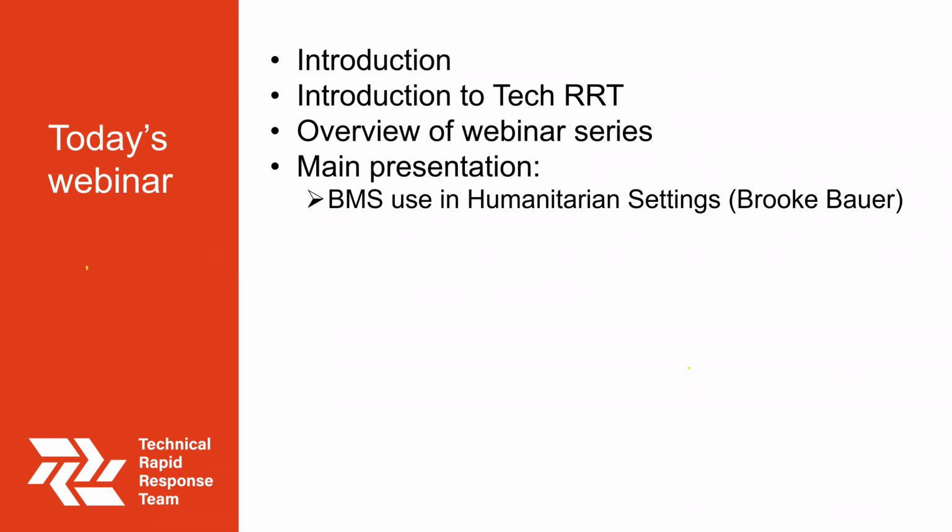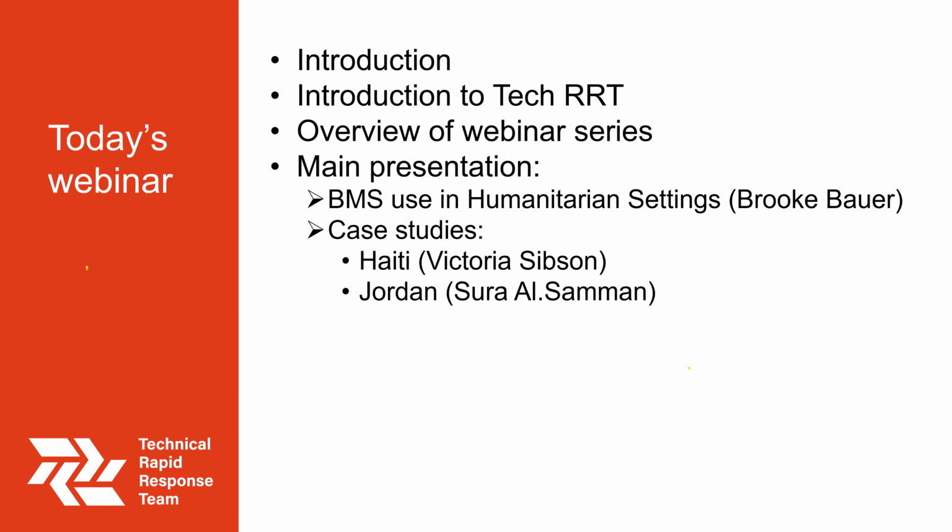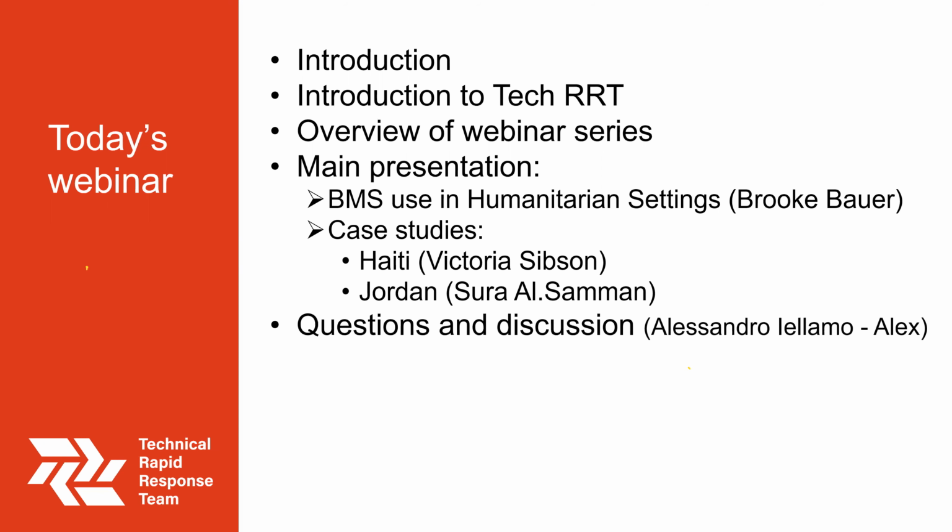First we'll have Breastmilk Substitute Use in Humanitarian Settings, presented by Brooke Bauer. That will be followed by two case studies. The first one will be from Haiti with Victoria Sibson, and the second one will be from Jordan with Sura Al.Samman. After that, we will wrap up with questions and discussions from Alessandro Iellamo.